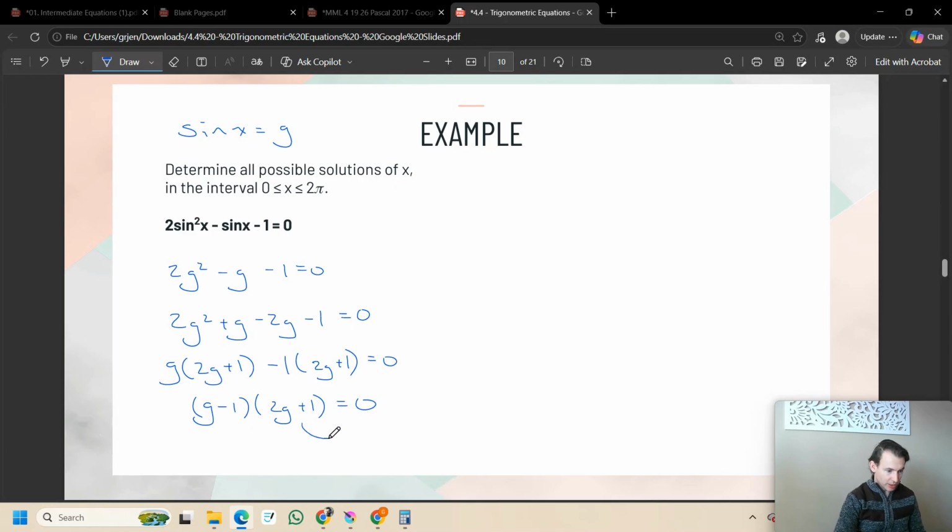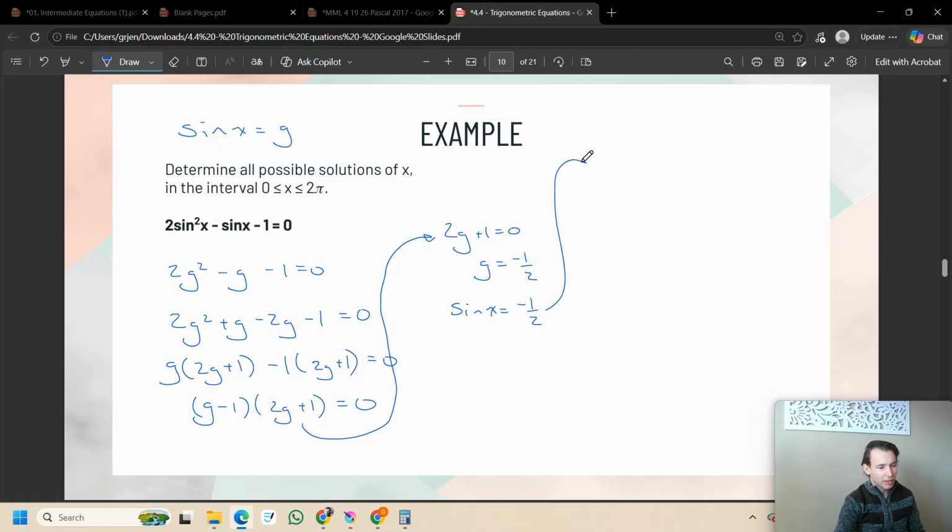Two possible places to get our solutions over here. So we have 2g plus 1 equals 0. So that tells me g is equal to negative 1/2, which is another way of saying sine x equals negative 1/2. So now I think about, okay, if sine is negative, that means it's down here in Q3 or Q4, all right?